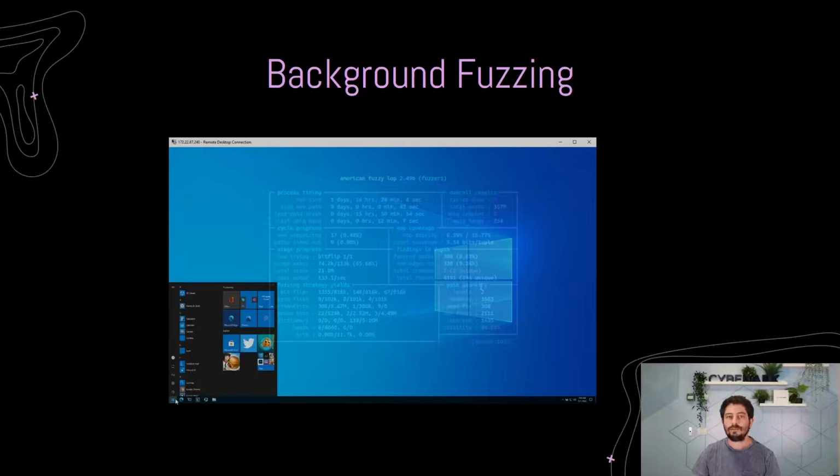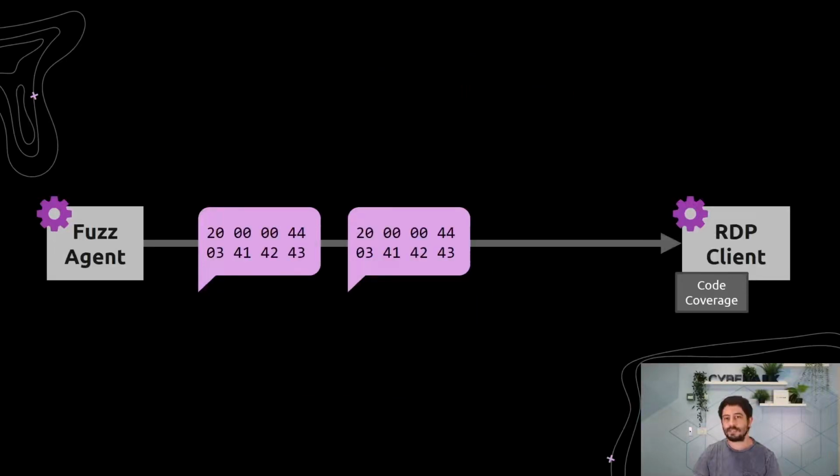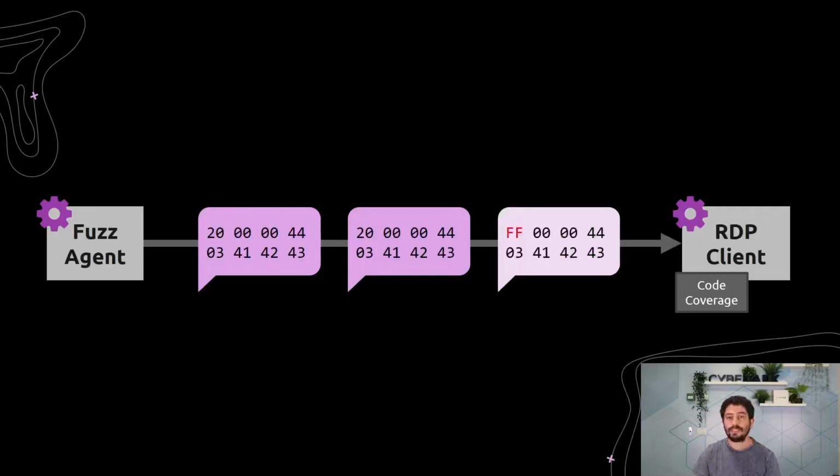And we somehow need to differentiate the normal RDP messages from our fuzzing messages. So it looks something like this. We have several normal messages that are transferred on this channel. And the last one is our fuzzing message, essentially a test case that the fuzzer generated.